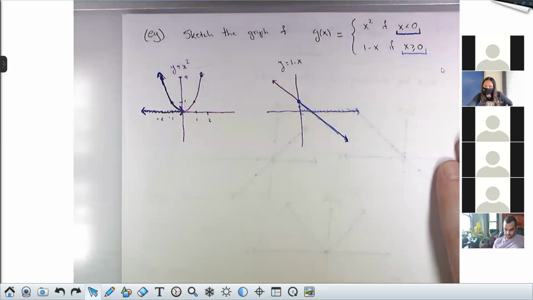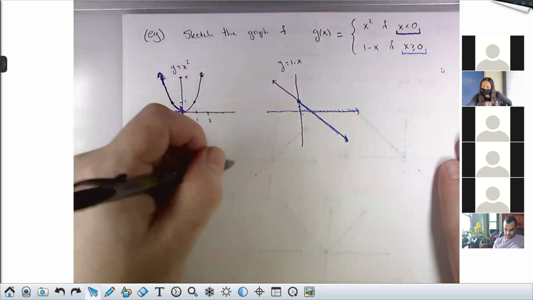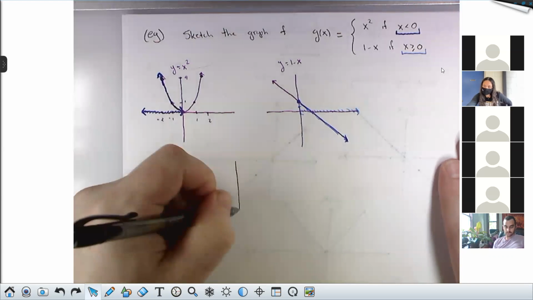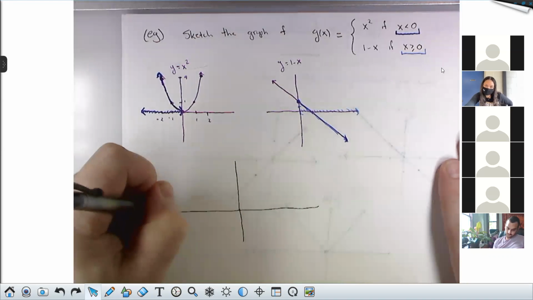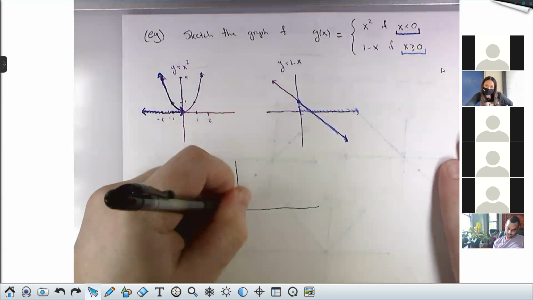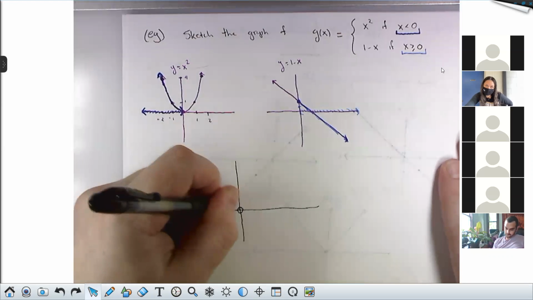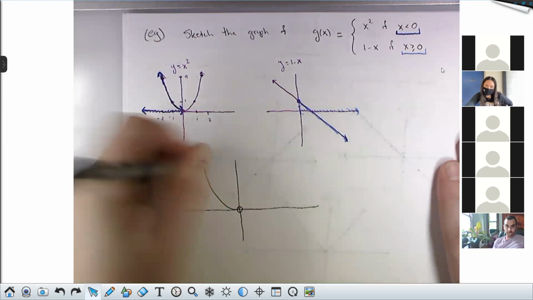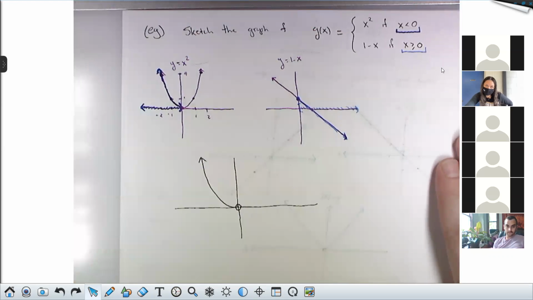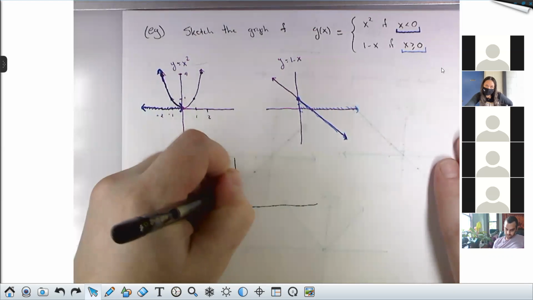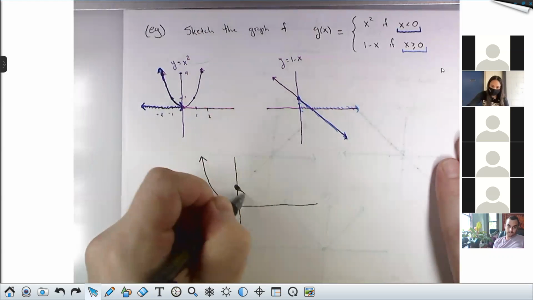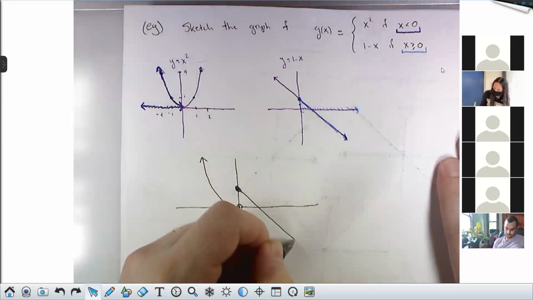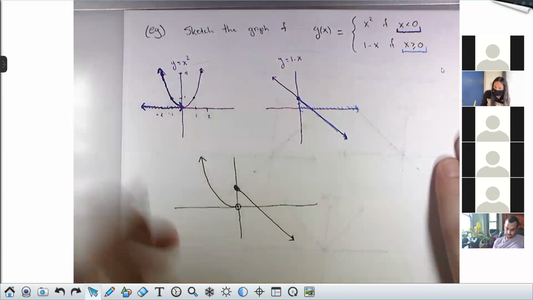And if I take those two and overlay them, just copy and paste the shaded part from each, down here, something that looks like this from the first, and something that looks like this from the second.